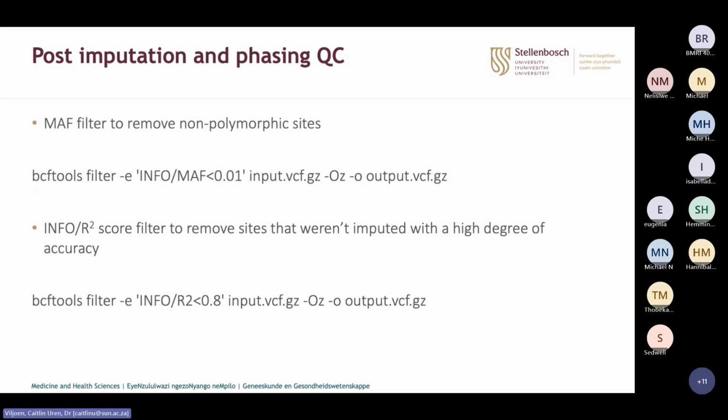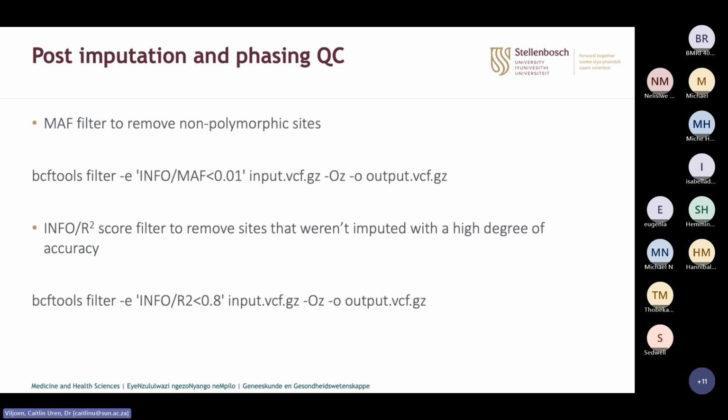Okay, so after your pre-imputation phasing and imputation, you want to do post-imputation quality control. The first thing that you want to do is a minor allele frequency filter to remove non-polymorphic sites.